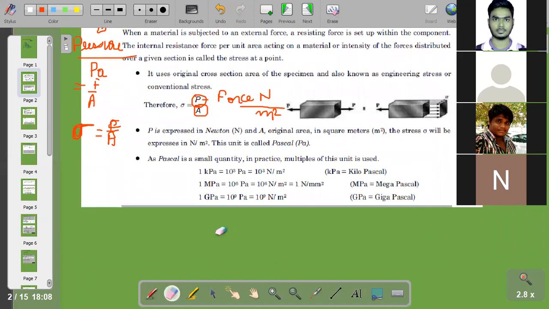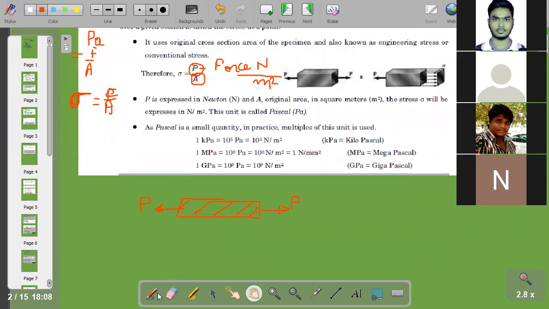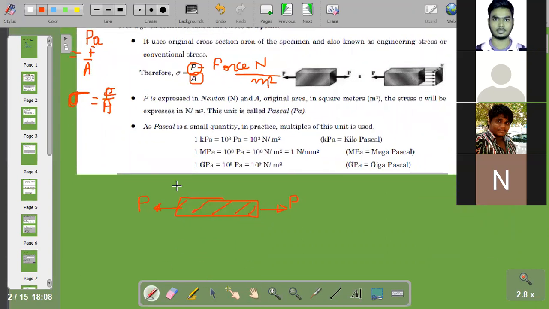How is a stress developed? When any rod, let's say rock or anything is there, and you are experiencing a force P in opposite sides, then there will be a stress generated on each particle.